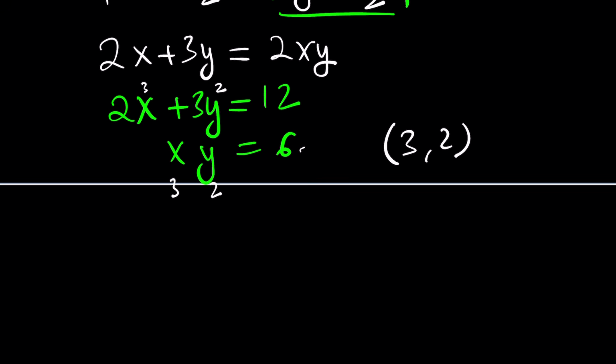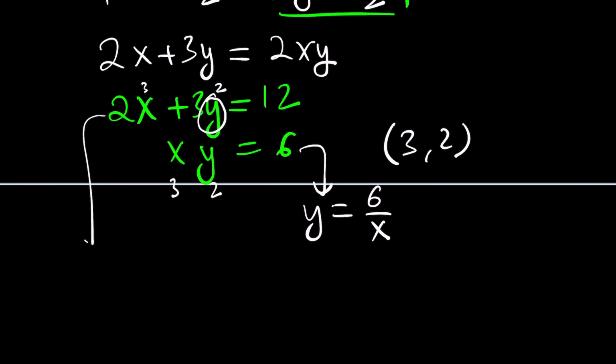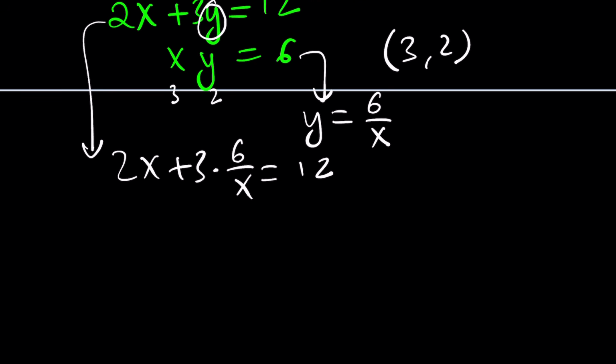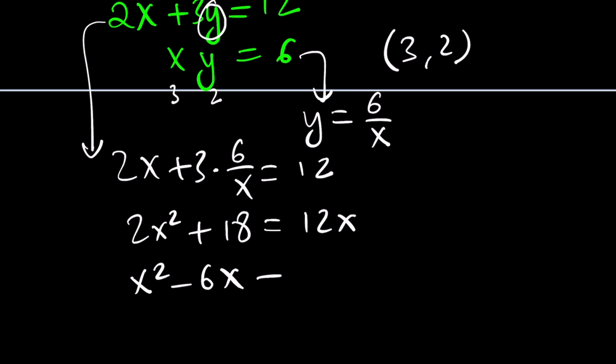For example, from this equation, you can replace y with 6 over x here, and then it should give us 2x plus 3 times y, which is 6 over x, equals 12. And then, of course, you're going to multiply everything by x. 2x squared plus 18 equals 12x, and then divide everything by 2. X squared minus 6x plus 9 equals 0.